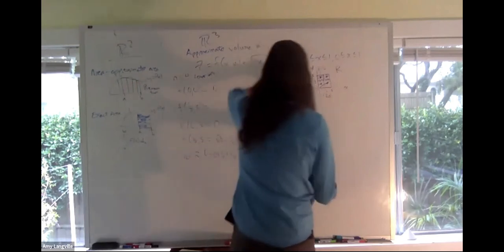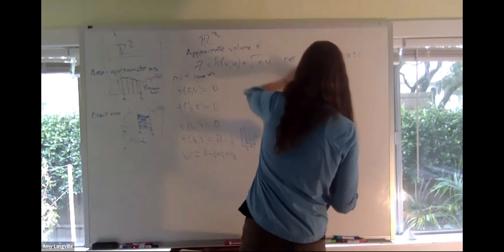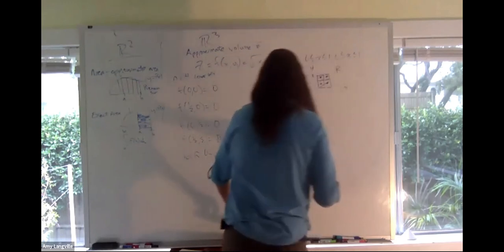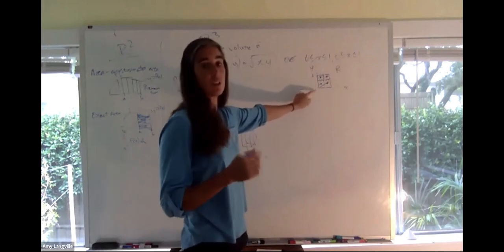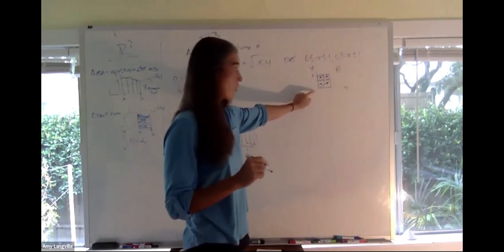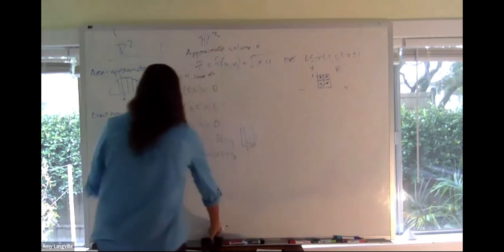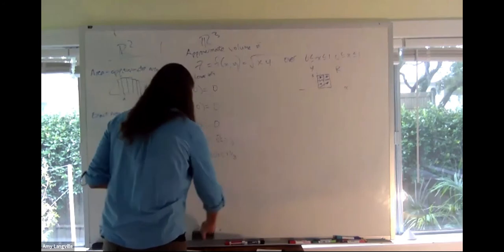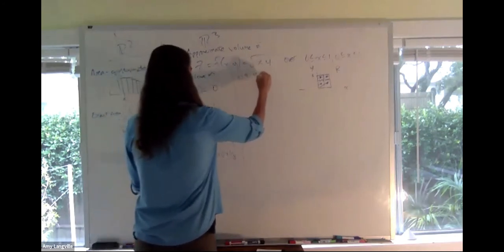These points now: still the area of each rectangle is 1/2 times 1/2, which is 1/4. And then we just need to get our heights. The only thing that's going to change from the lower left rule to the mid rule is the heights.